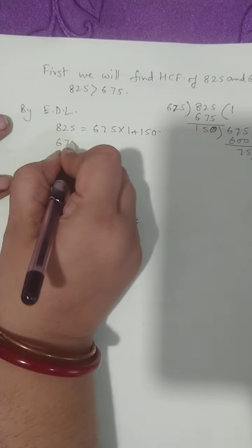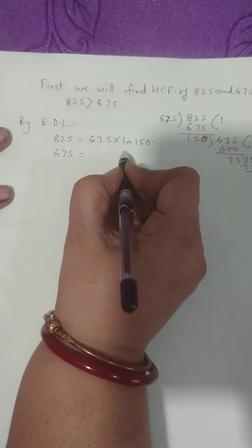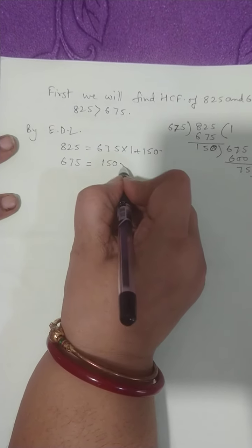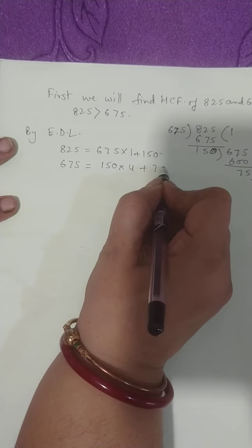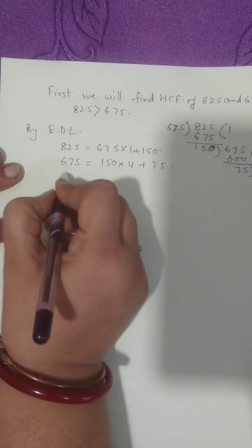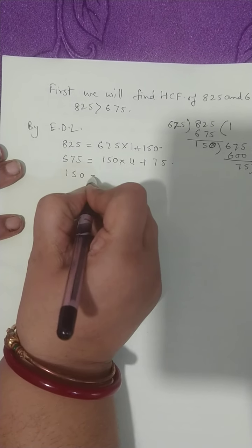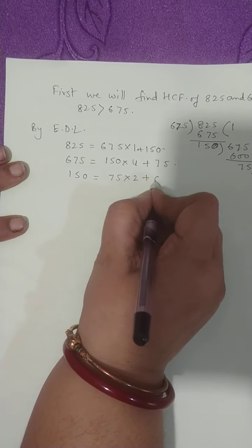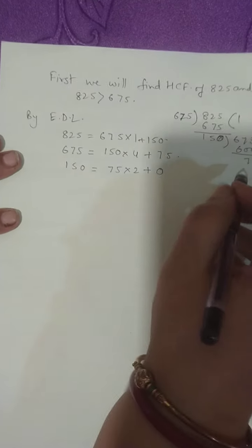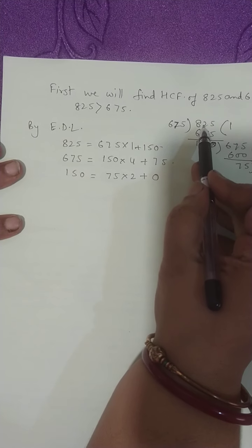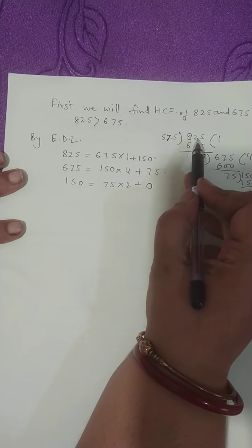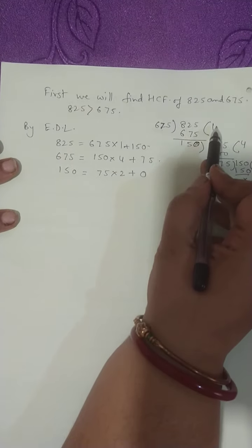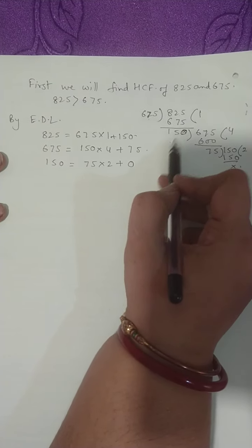Then 675 equals 150 into 4 plus 75, and 150 equals 75 into 2 plus 0. Here, 825 divided by 675 means dividend equals divisor into quotient plus remainder.